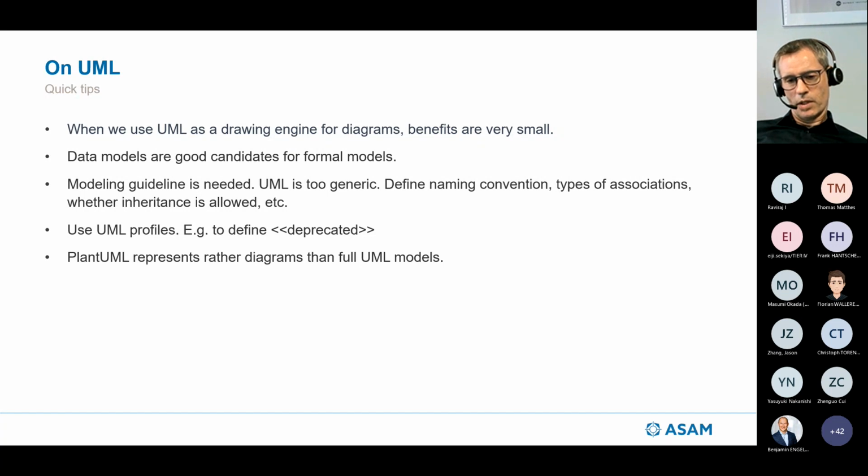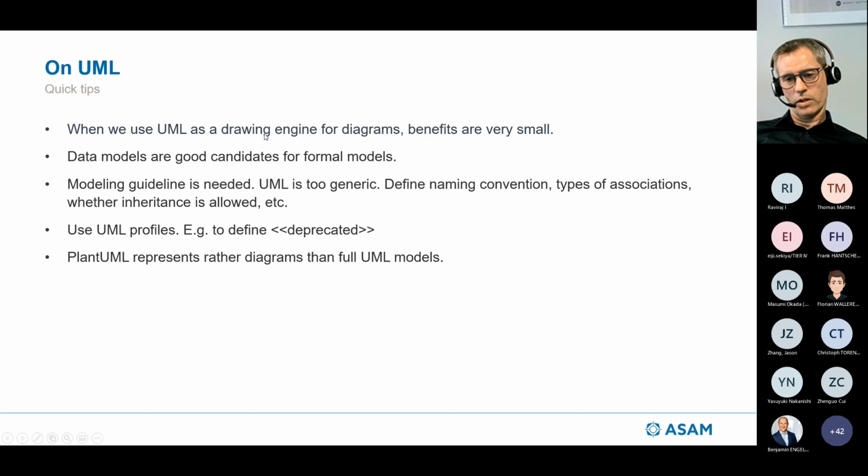We should be aware that PlantUML represents rather diagrams than a full UML model. When we use PlantUML, it's just great to integrate diagrams into AsciiDoc, for example. But on the other hand, when we use PlantUML for modeling, we are then on the level I just had in the first line.